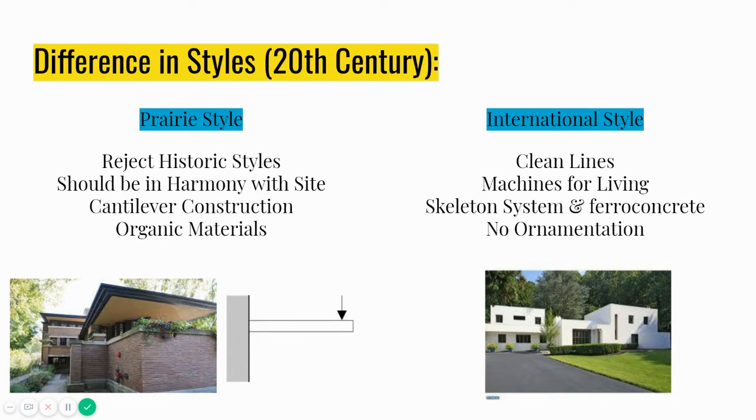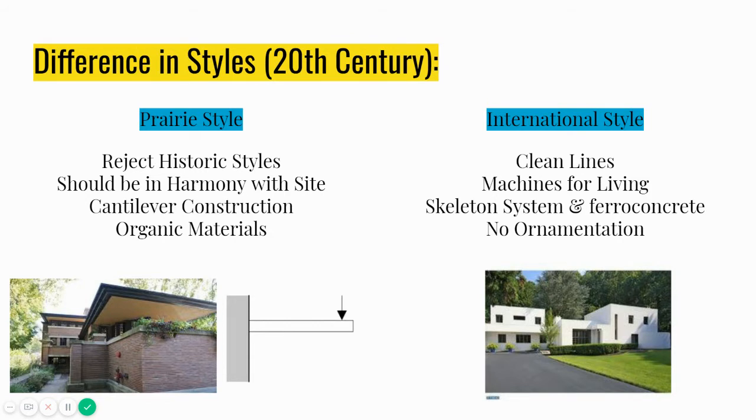So the first style is called the prairie style. The characteristics of the prairie style of architecture is rejecting historic styles, so rejecting classical styles and styles from history. A huge focus of the prairie style, hence the term, is that the structure should be in complete harmony with the site. So your structure should be constructed to the land that has been chosen for its site instead of vice versa.